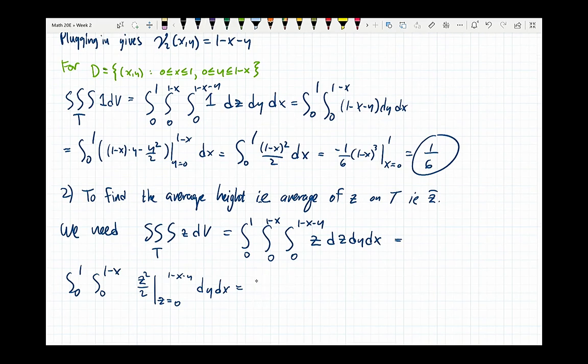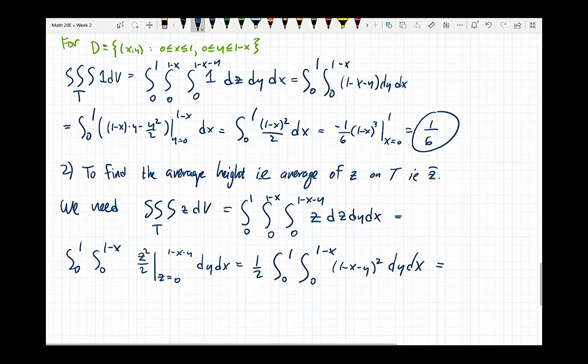So 1/2, 0 to 1, 0 to 1 minus x, 1 minus x minus y squared, dy dx. Oh, wait, so that's going to be 1/2, 0 to 1, negative 1/3 of 1 minus x minus y cubed from y equals 0 to 1 minus x.